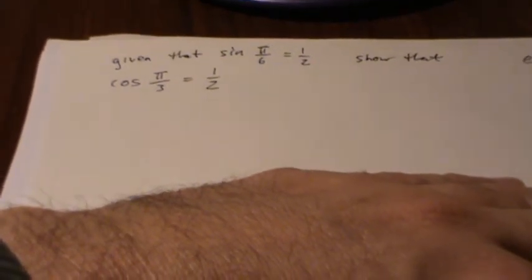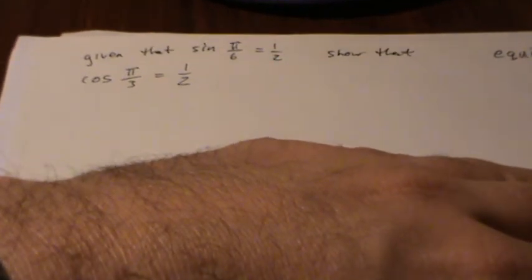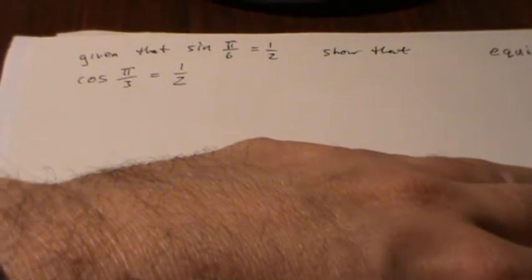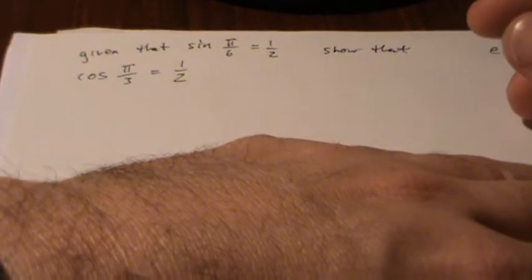Given that sine of pi over 6 is equal to 1/2, show that cosine of pi over 3 is also equal to 1/2.